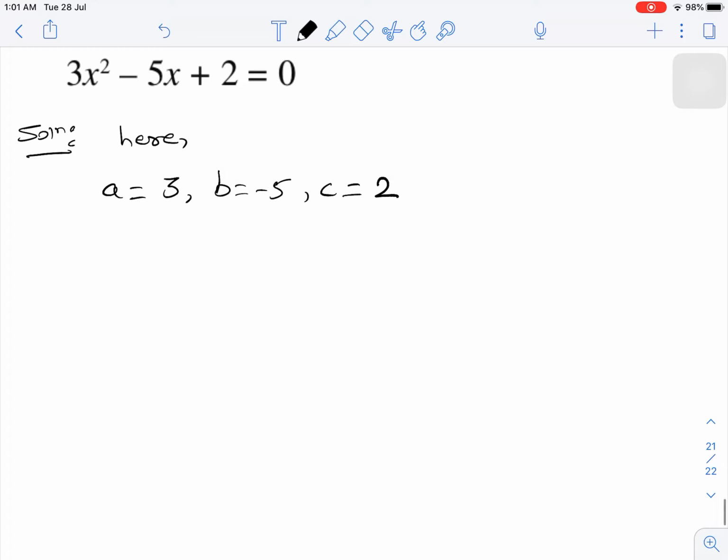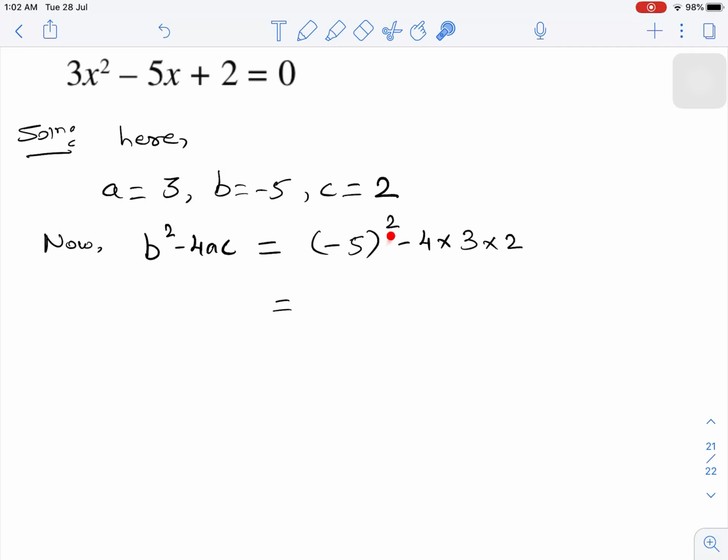Now we will directly find the value of b square minus 4ac, which is minus 5 square minus 4 into 3 into 2. The square of minus 5 is 25, then 4 3s are 12, 12 2s are 24, so it equals 1.